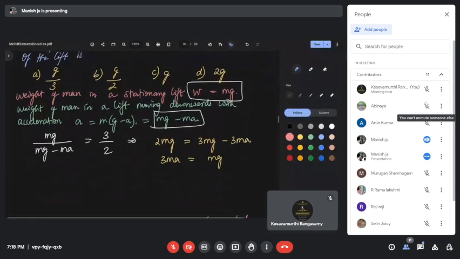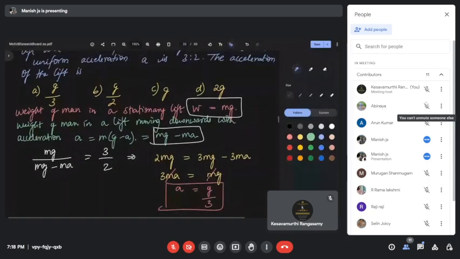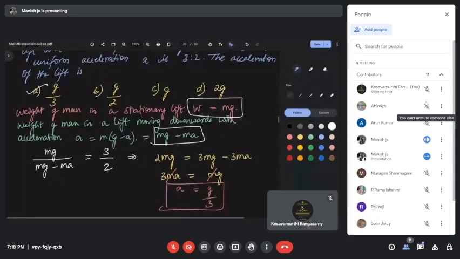So ரெண்டு பக்கமும் நம்ம mass cancel பண்ணிக்கலாம். So a is equal to g by 3. I hope it's clear. You can find out acceleration as g upon 3. That is the relation. Okay, so the option is option A.